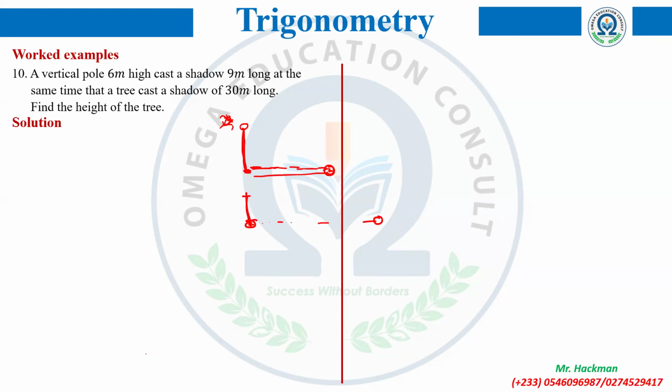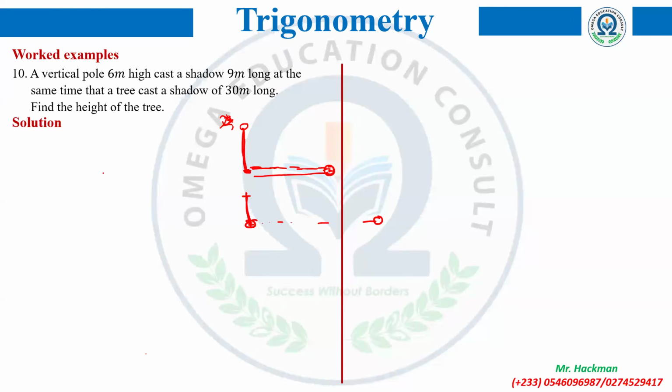Once you get this, then we are in a pole position to proceed. This is the picture that we are looking at whenever you have this situation. So without wasting more time, I have two verticals, a pole and a tree.